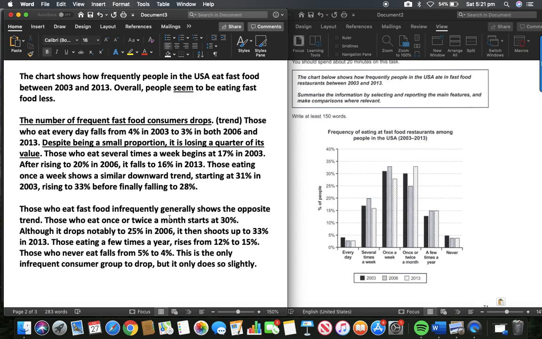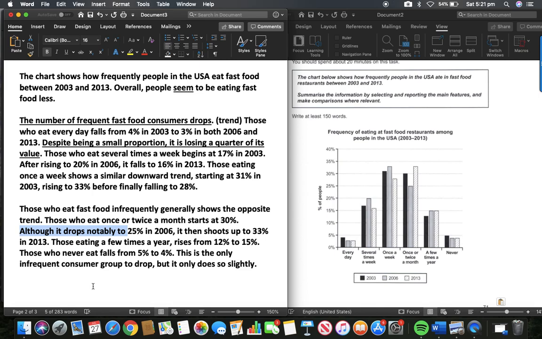Those who eat once or twice a week starts at 30%. Although it drops notably to 25% in 2006, it then shoots up to 33% in 2013. Now, I chose to do this one, although, so I said, yes, it does fall, but then it rises again.